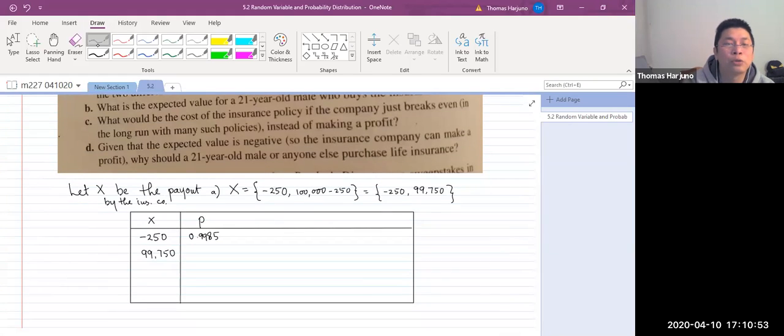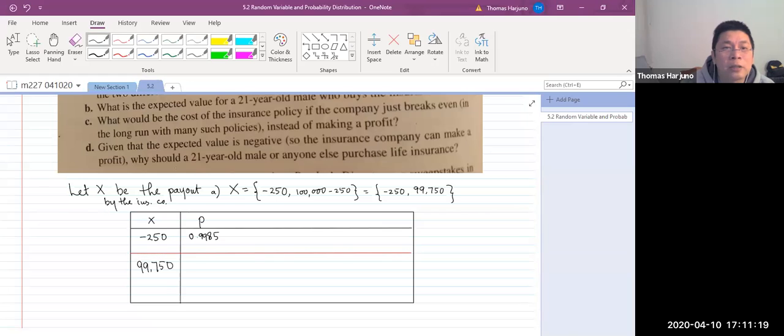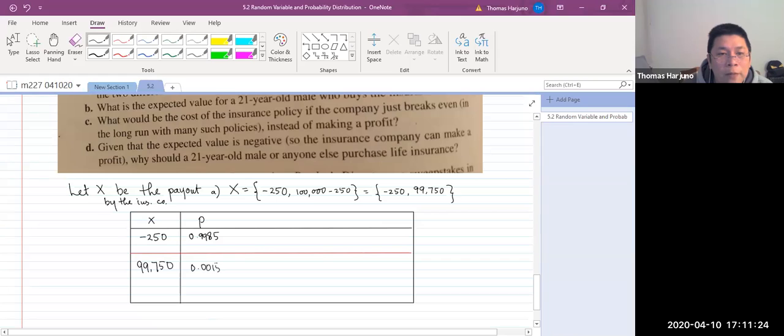So my question to you is, can you find what is the probability that he pass away in the next one year? That's right. That's 0.0015.